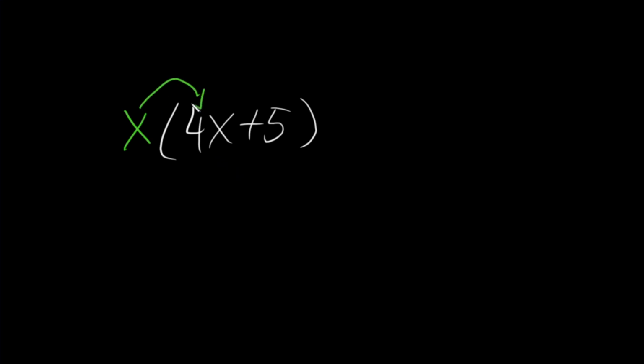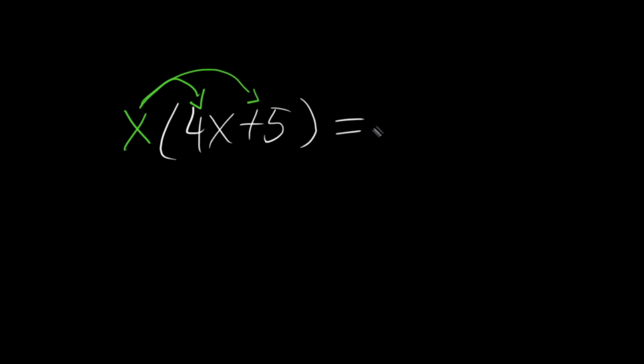Let's look at 2 more really good examples to really drive this property home. If we have, say, x times 4x plus 5, it may look a little more complicated, but the rules are the same. X first multiplies by the 4x, and then by the positive 5.